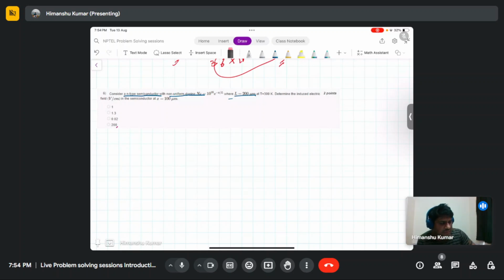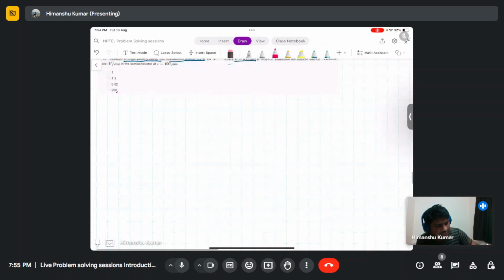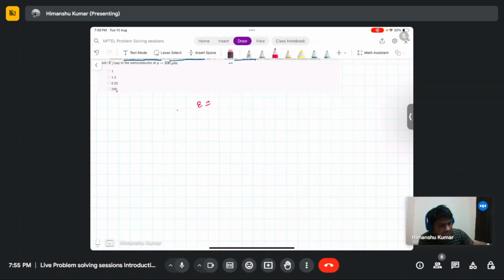So the electric field epsilon is given as minus kT by q times 1 by Nd times the derivative of Nd with respect to x.